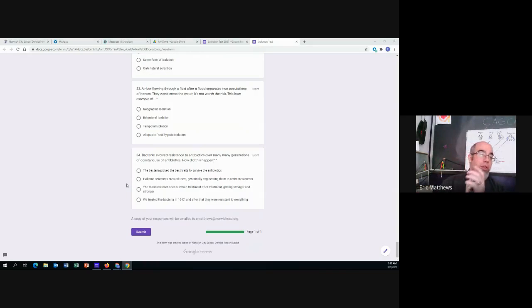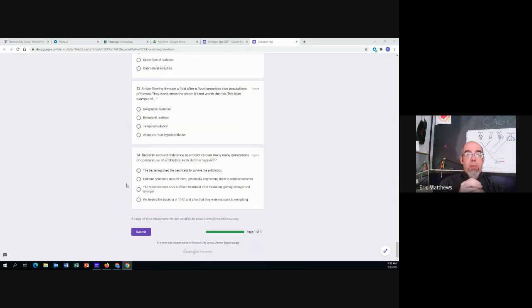And finally, number 34. Bacteria evolved resistance to antibiotics over many, many generations of constant use of antibiotics. How did this happen? So bacteria evolved resistance over many, many generations. Which one of these explains how? Is it because the bacteria picked the best traits to survive the antibiotic?